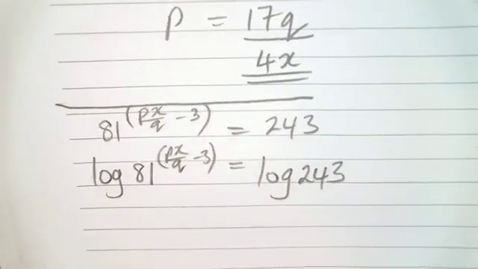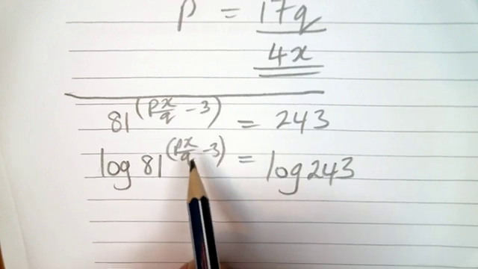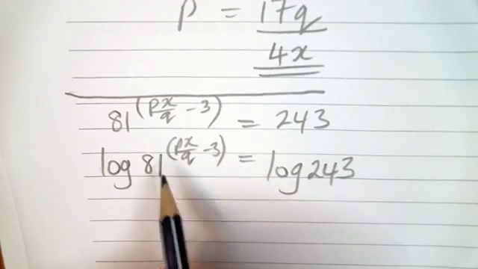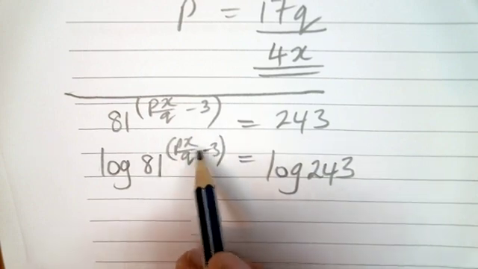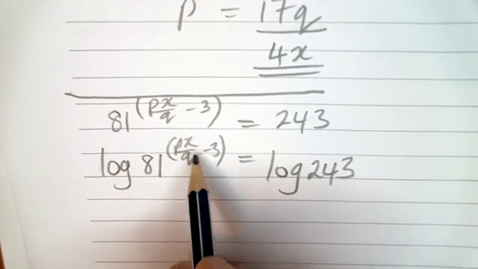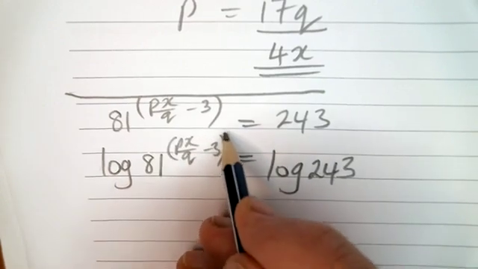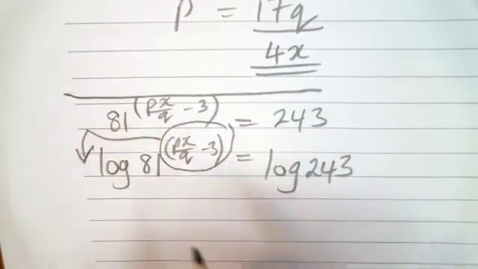Now, the trick here, which is a very nice trick really, is that if you've got a logarithm with a number and the number has a power, has an index, you can simply take that index and it becomes the coefficient of the logarithm. So in other words, this thing in brackets, we're going to plonk straight in front of the log.